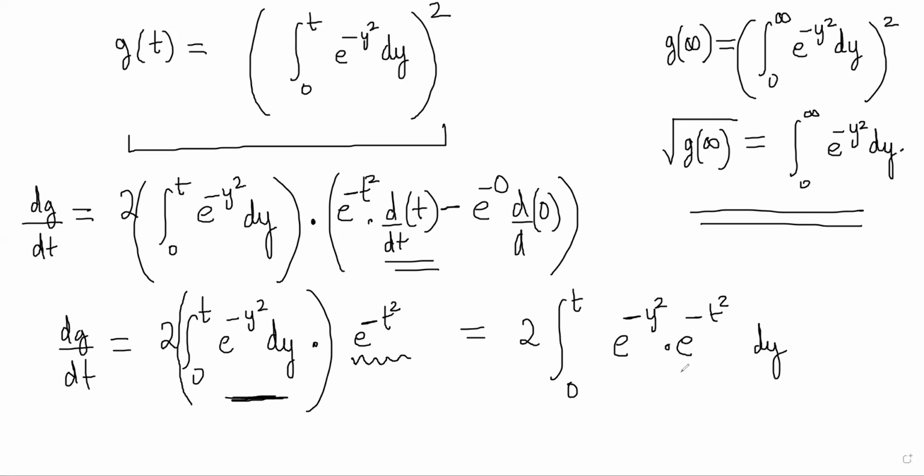That makes sense because this is not the variable of integration, so it can come out. So if it can come out, it can go in, right? So we write it as dg by dt is equal to twice of integral 0 to t e power minus t square plus y square dy, correct?